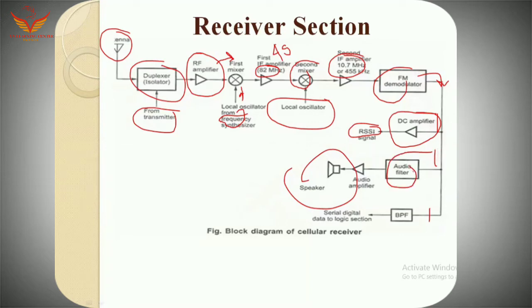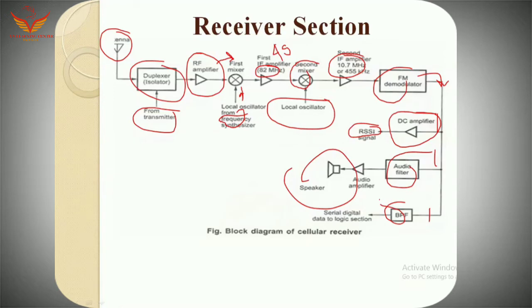These signals are then amplified and sent to the logic unit, which produces the set and control signals for the transmitter and receiver. The next output is given to the band pass filter, that is BPF, which selects the audio tones and digital control data signals sent by the cell site.